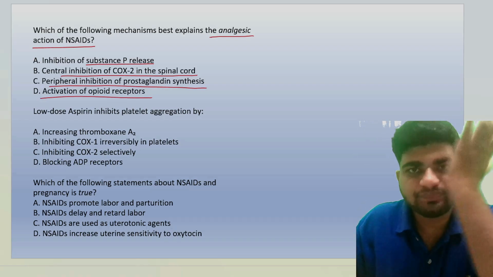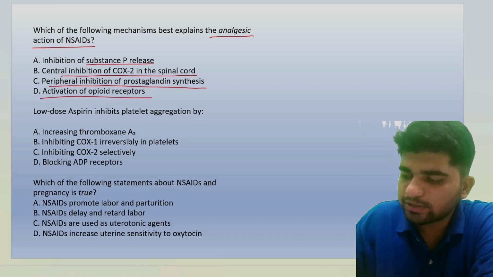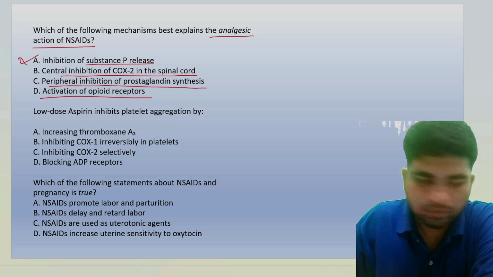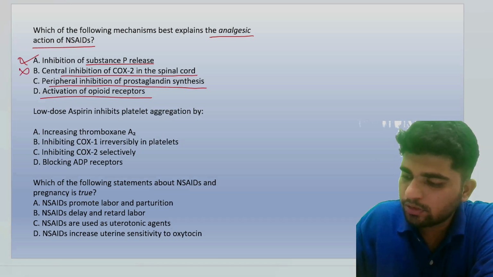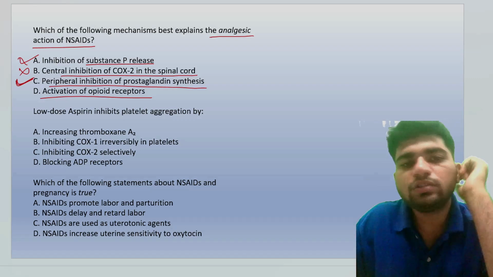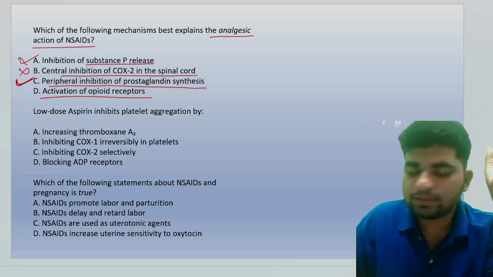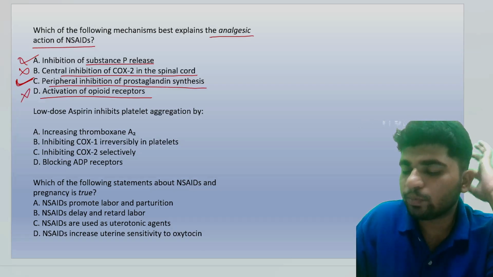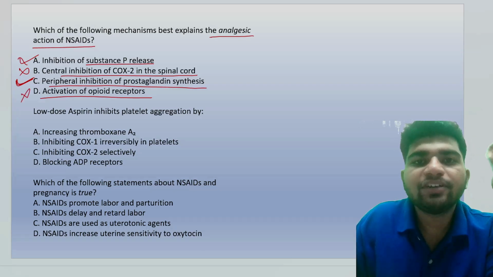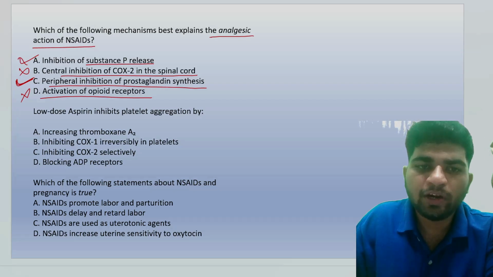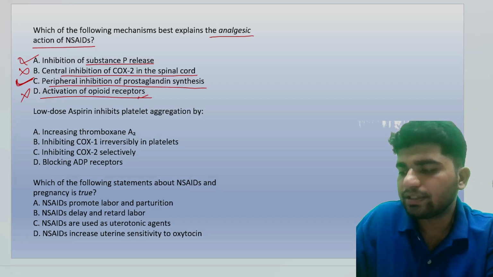Which one is right? Substance P? No. Central inhibition of COX-2? No. Peripheral inhibition of prostaglandin synthesis? Yes. There will be no activation of opioid receptors, because centrally acting opioid drugs activate the opioid receptors.